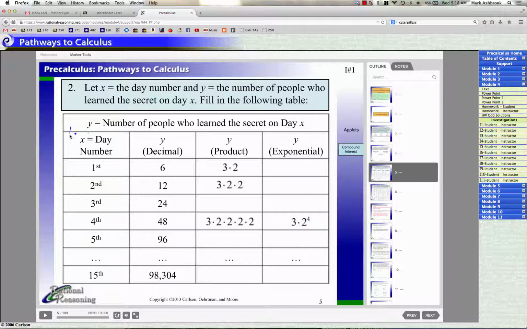I wrote output because I was getting to the next question: where do we see the output in this table? Which of the remaining columns is the output? Decimal? All three. They're just different ways of saying the same number. So all three of these are the output.